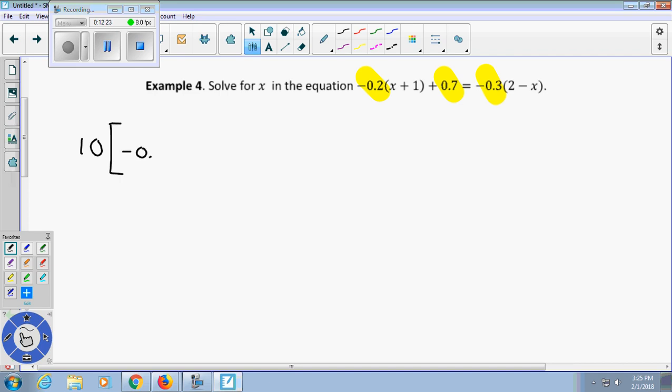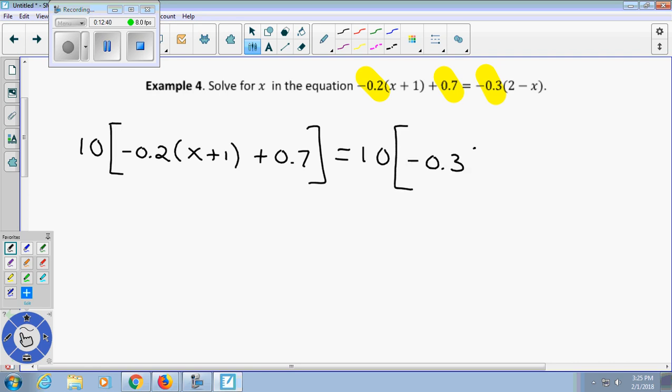So that's -0.2. Then I have x plus 1. And then plus 0.7. I think the right side will be easier, but let's see, that's going to be 10. Then I have -0.3, and then 2 minus x.